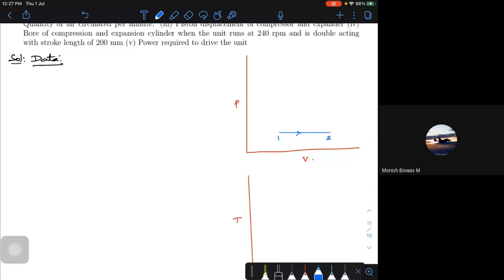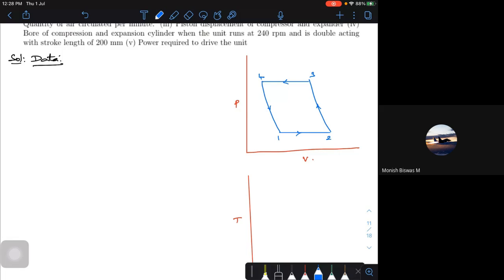Then isentropic compression, something like this, from 2 to 3. Then constant pressure heat rejection from 3 to 4. Then isentropic expansion from 4 to 1. This is the theoretical cycle that we see.